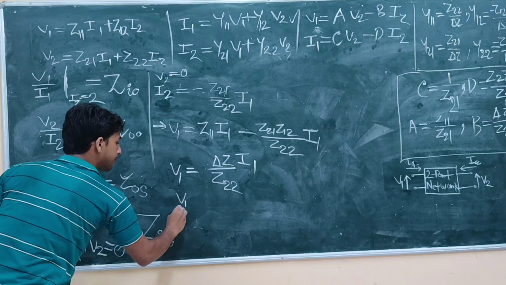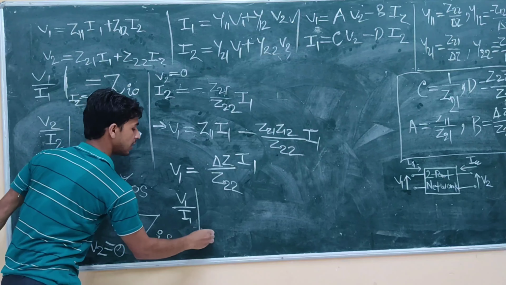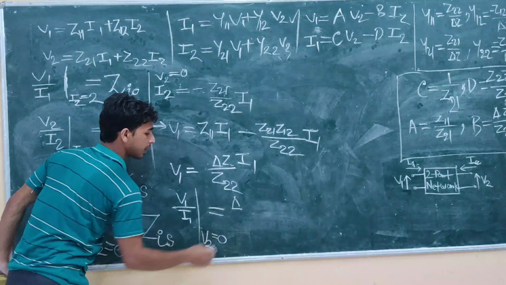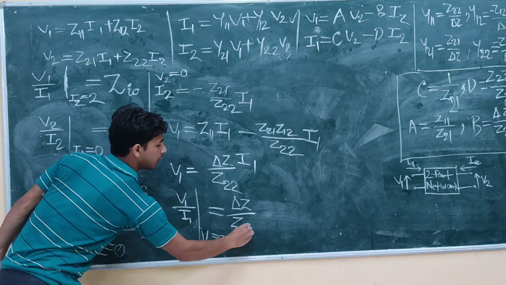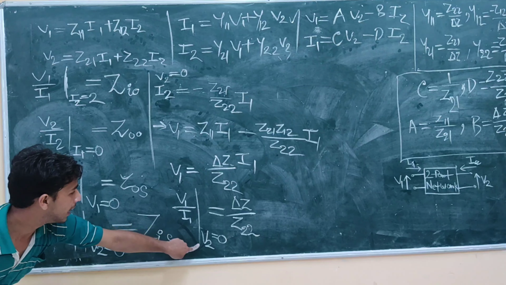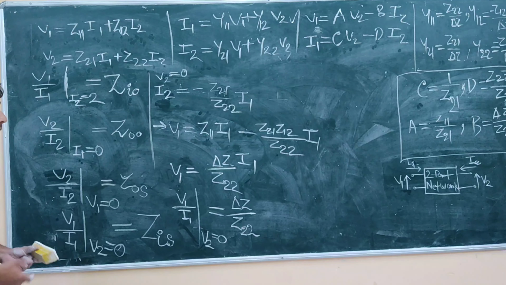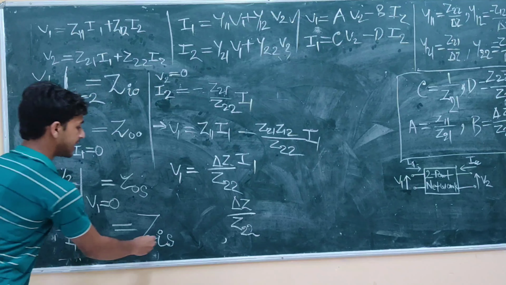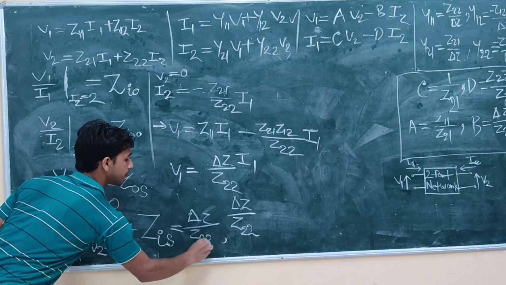Take this I1 to the left hand side and we have V1 divided by I1 when V2 equals to 0, which is nothing but delta Z divided by Z22. You see this V1 divided by I1 when V2 equals to 0 is the same, so we can write ZIS equals to delta Z divided by Z22.